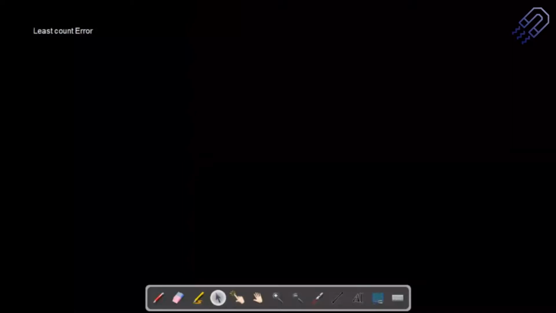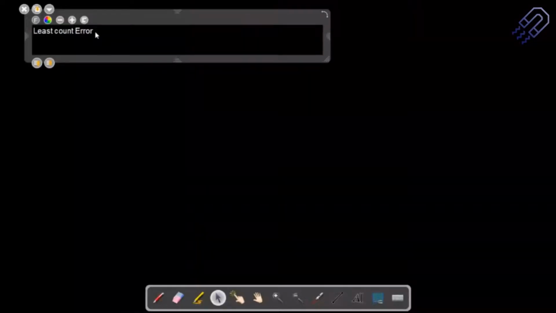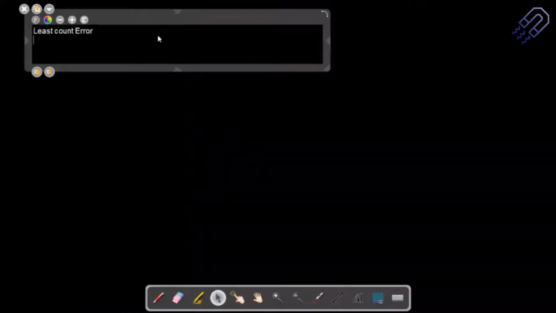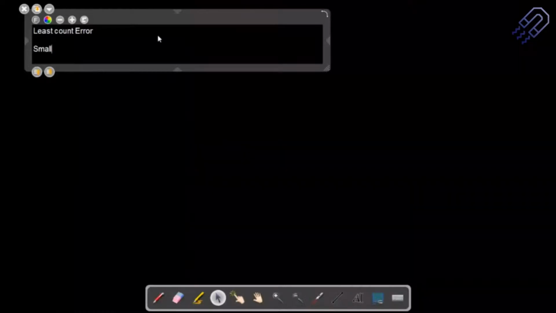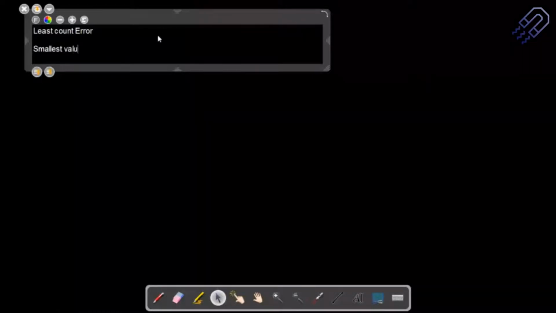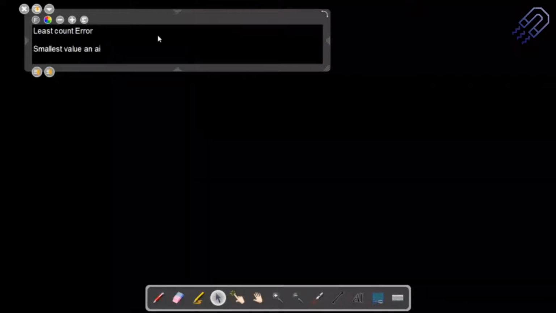Yeah, it's okay. So we'll just go back to what you call the least count error. Before we go into this least count error, all of us should know the definition of least count. Any instrument that can measure will have some minimum value that it can measure, the smallest value an instrument can measure.